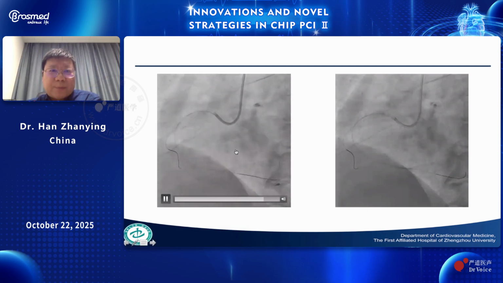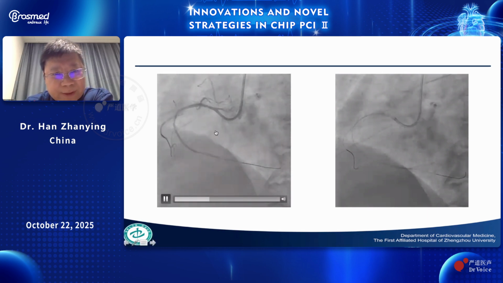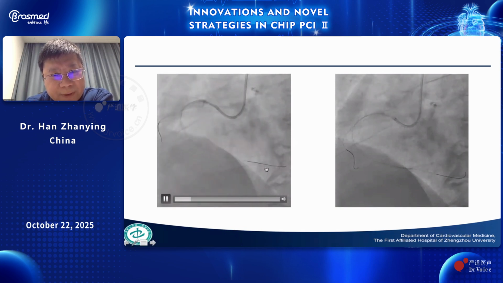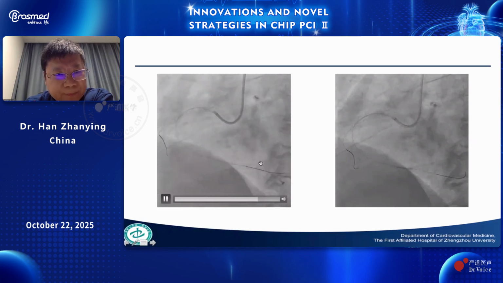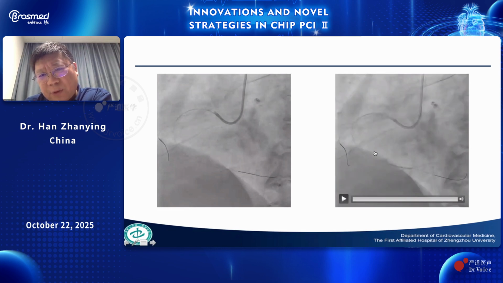After predilation using 2 balloons, you can see it recovered flow to the distal part of the right coronary artery and to the PLA. So the lesion is too long. What's the strategy used?